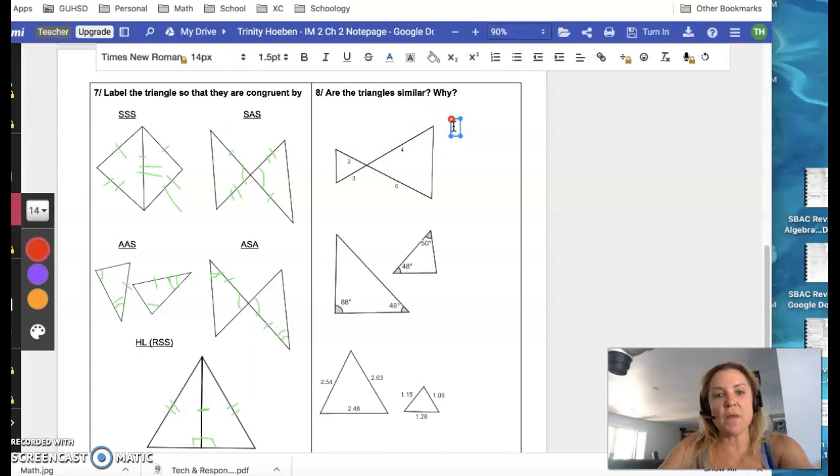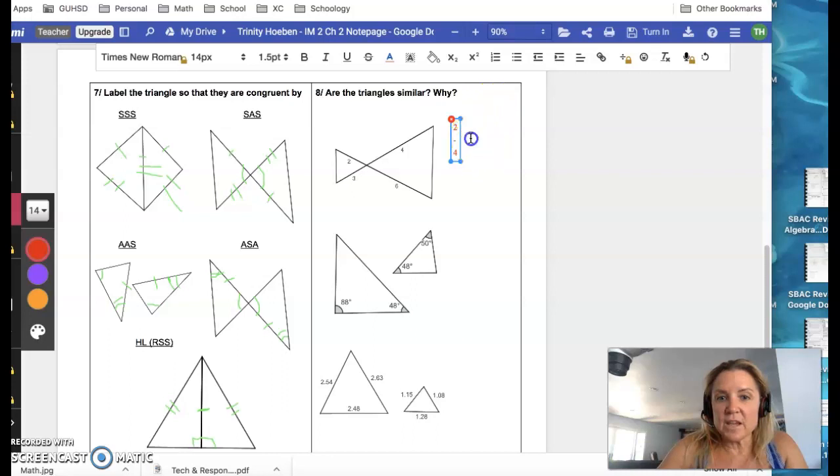So the triangle on the left, the shorter side is 2. And then I'm going to make a fraction out of it. And the shorter side on the right is 4.